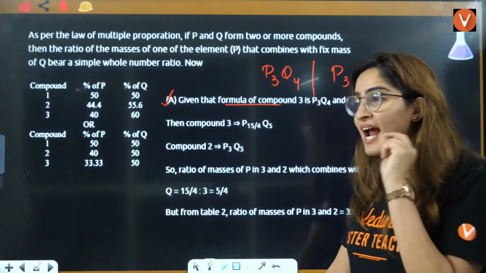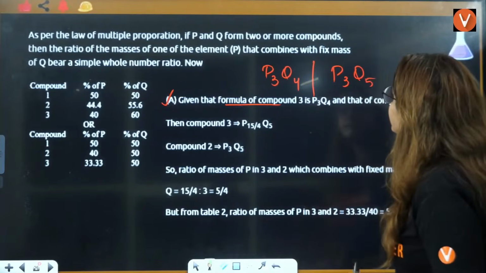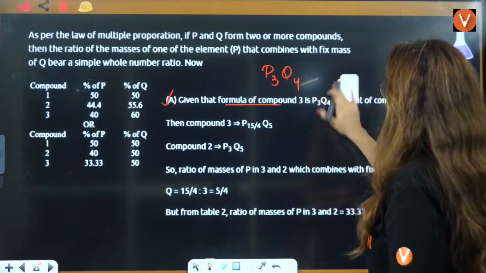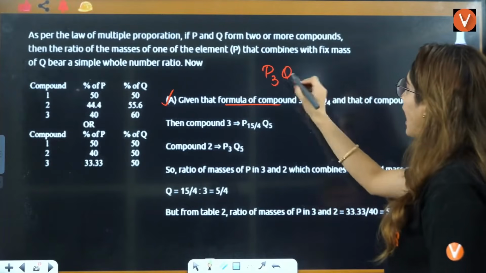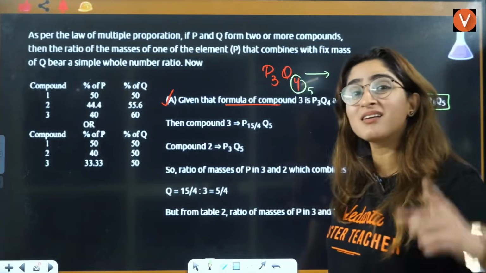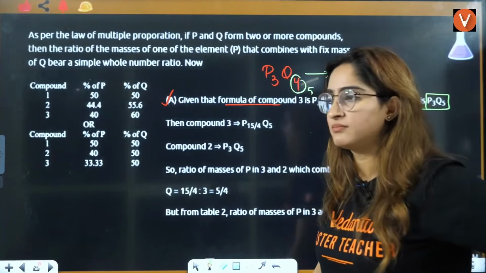So to verify this statement, you have to go through two things. One is, by applying the law of multiple proportion, see, compound number 2 is P3Q5. I also want to make this as 5 so that I can see what is the ratio of masses of P, right?